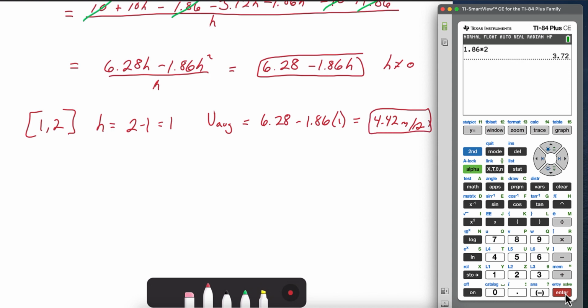Our next time interval was from 1 to 1.1. So in this case, h is 1.1 minus 1, or 0.1.